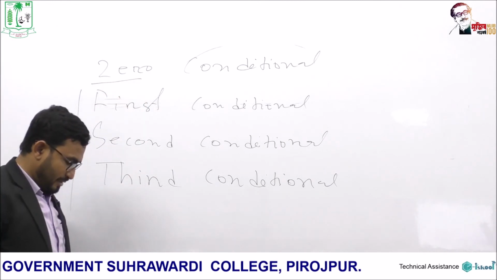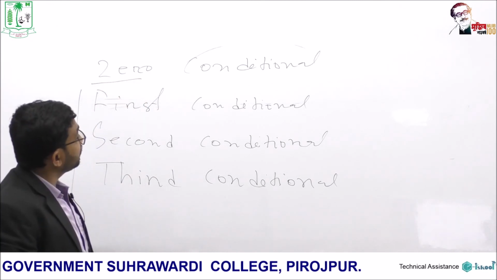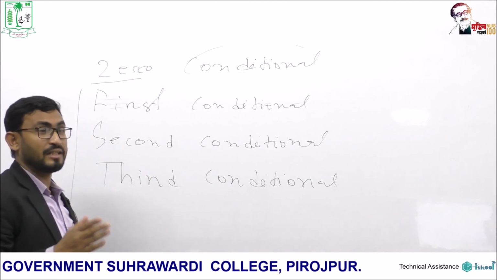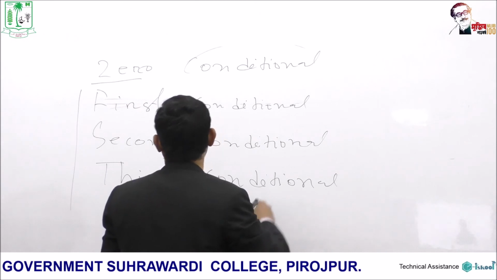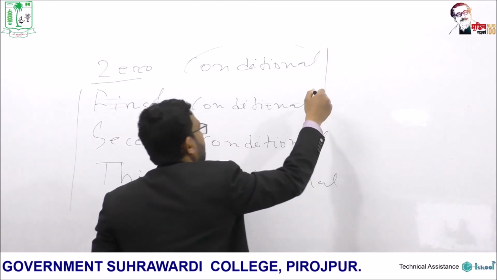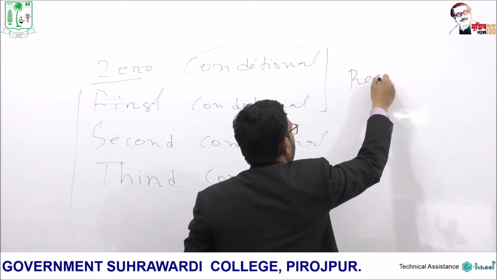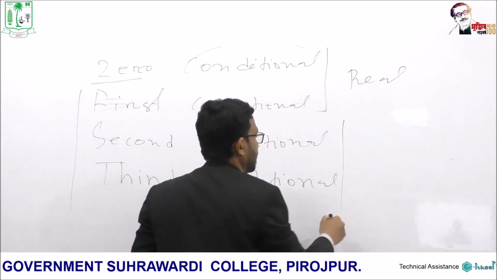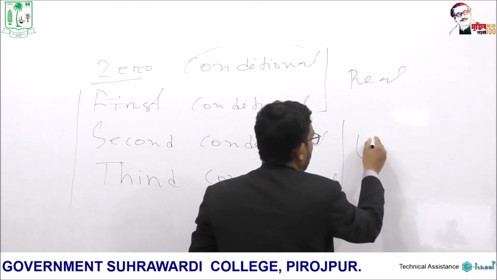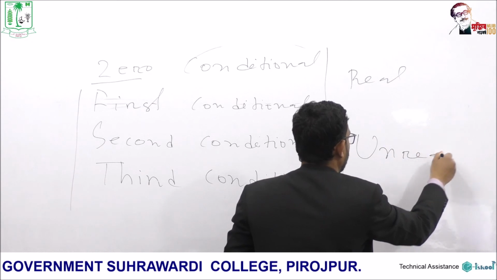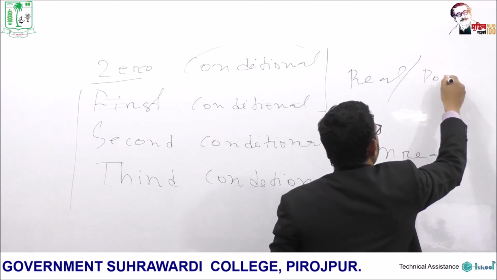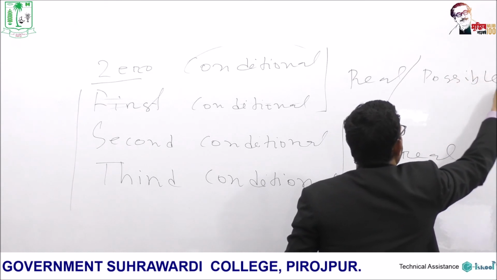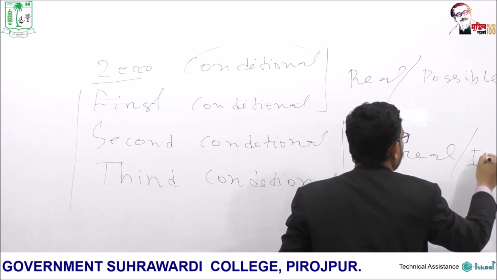These four conditionals can again be divided into two broad kinds: real conditional and unreal conditional, also called possible and impossible.